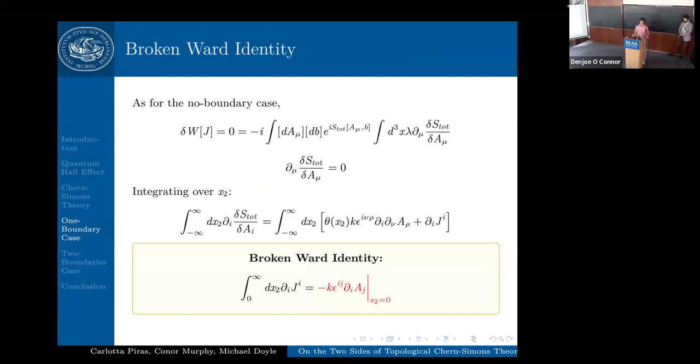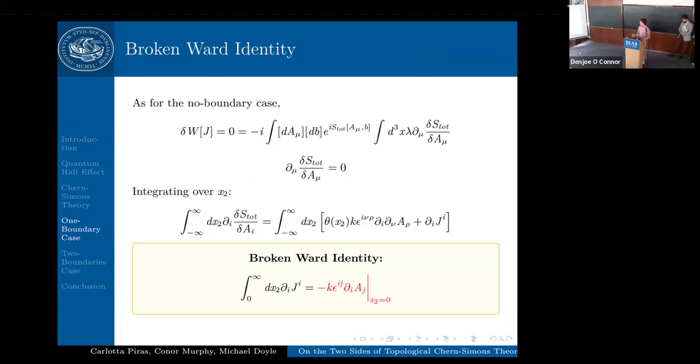Now, previously, Carlotta talked about the Ward identity for the no boundary case. And we see that when we try to obtain the same thing, we end up with a broken Ward identity, as the Ward identity was a functional statement of gauge invariance, and we no longer have gauge invariance.